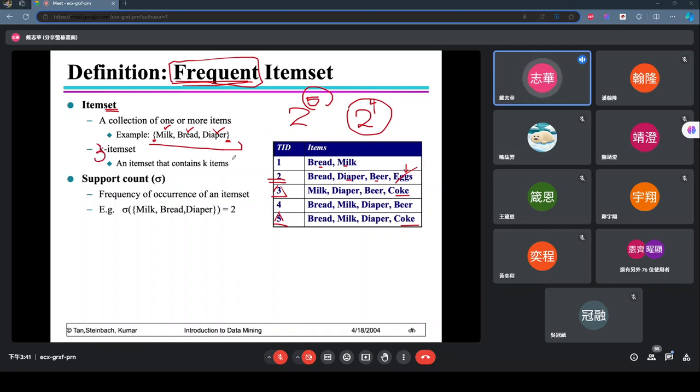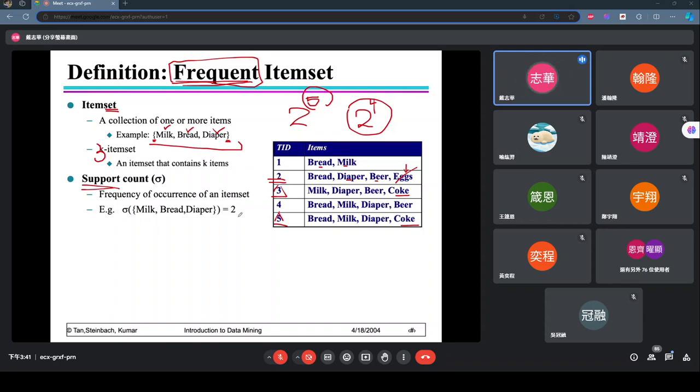A K-item set means the item set contains K items. And the support is defined as the frequency of the occurrence. It means how many transactions, how many customers, have this kind of behavior.